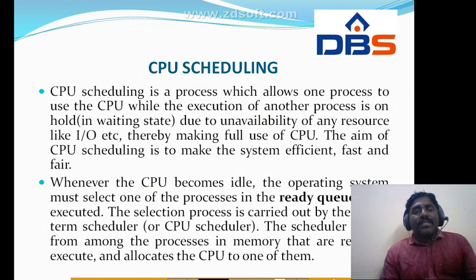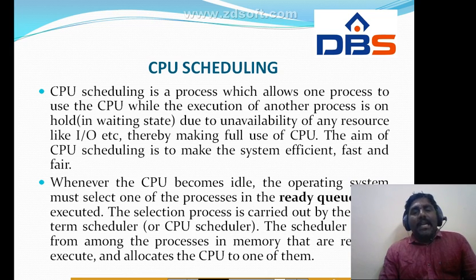If you see the various states of a process, new is one state, then ready and running, at the same time waiting is one state, and finally termination is one state. Whenever a process is created, that process will be in the new state.